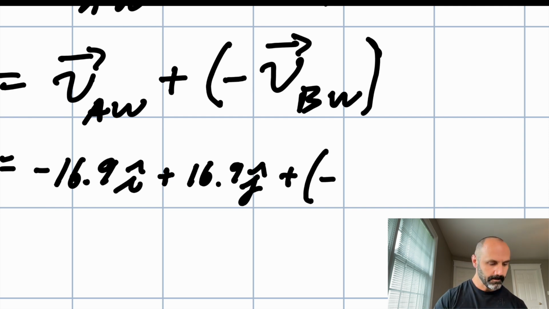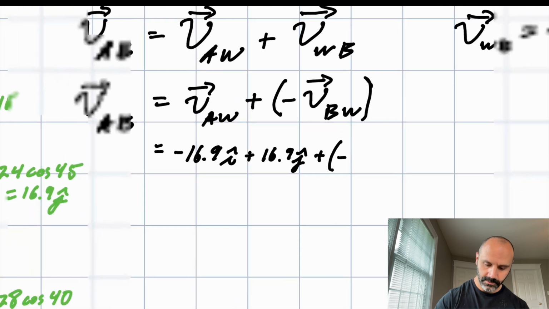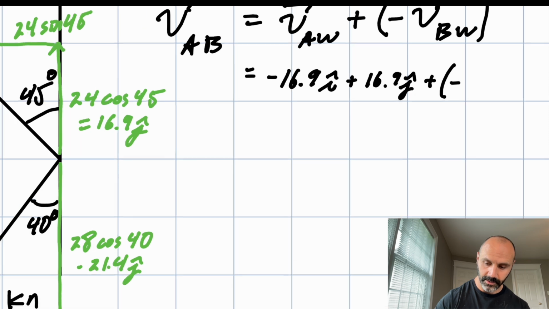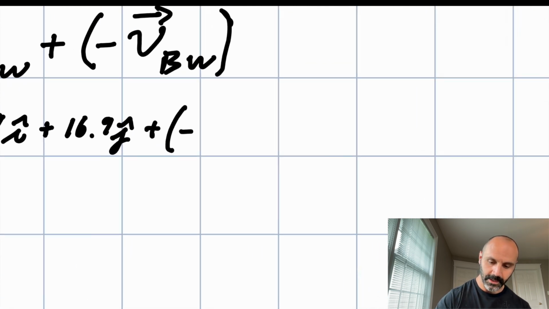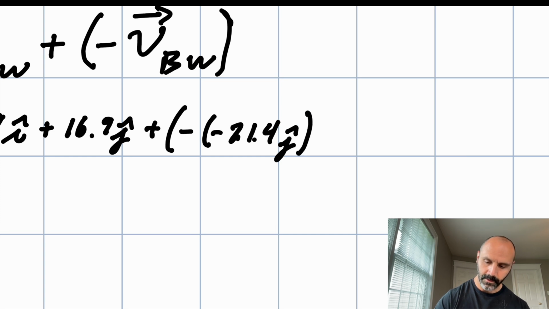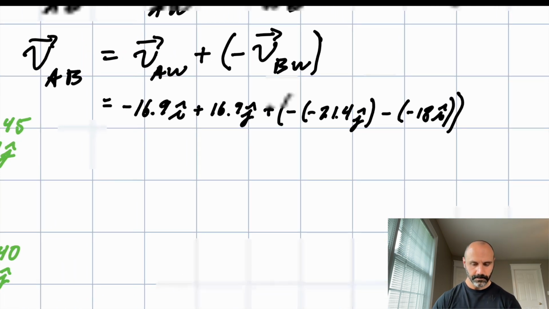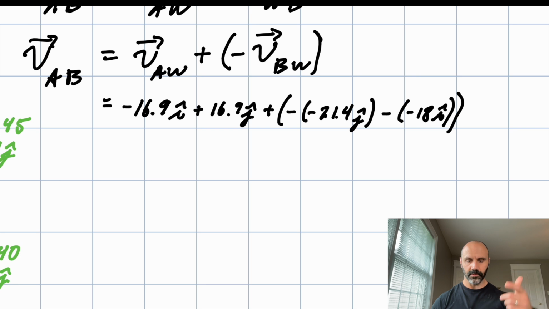So negative, and then this component, I forgot to put it down here, but this is negative 21.4 J. So minus negative 21.4 J, and then minus, again, negative 18 I. And that's a little bit confusing. But remember, we're just reversing everything.